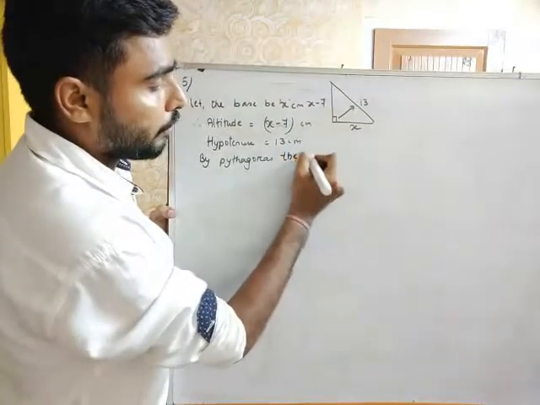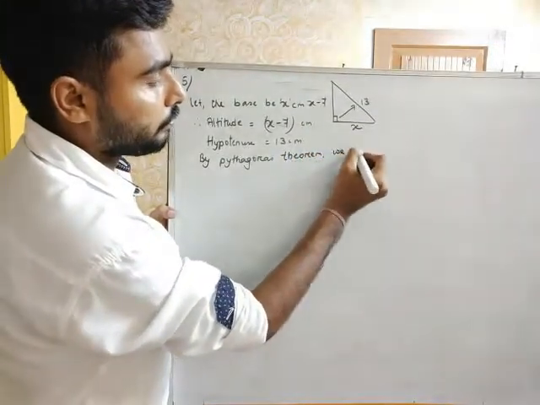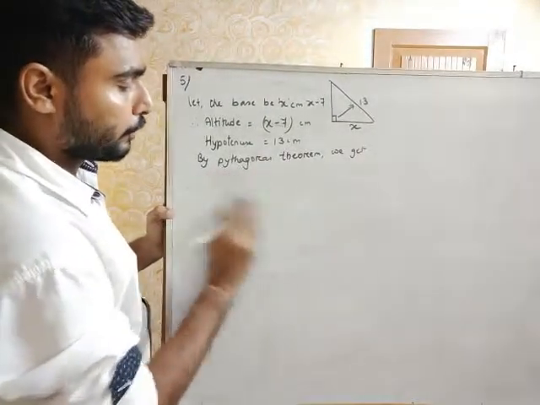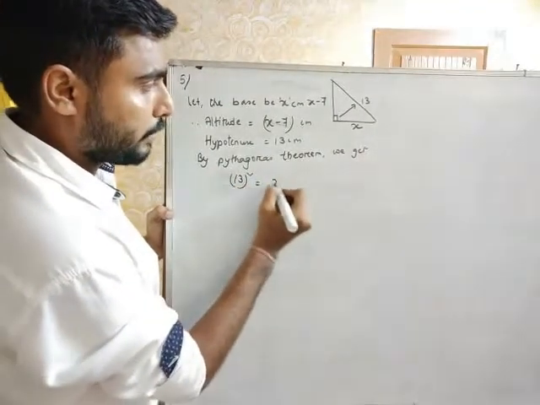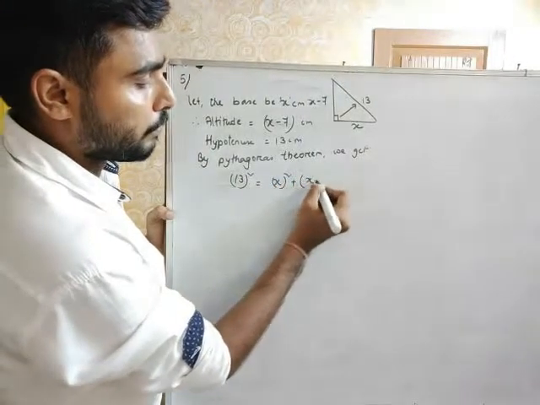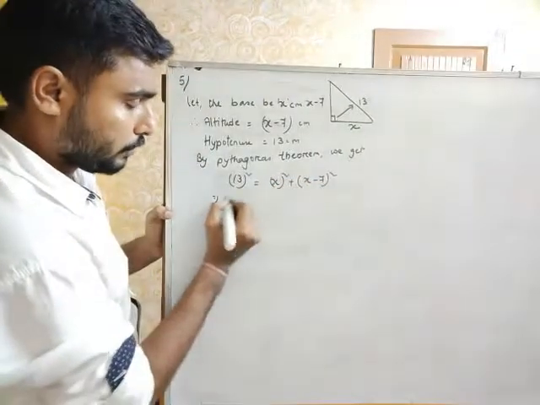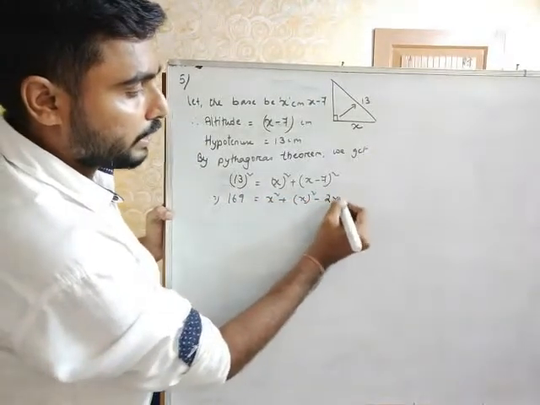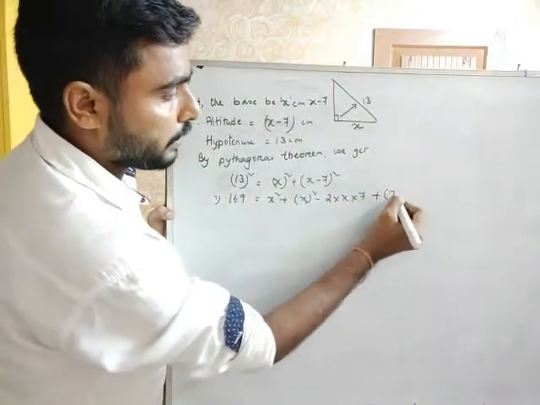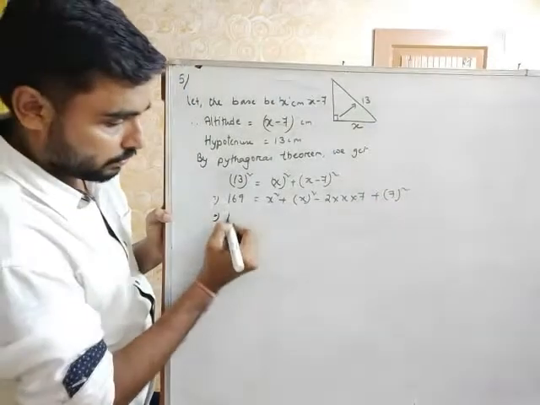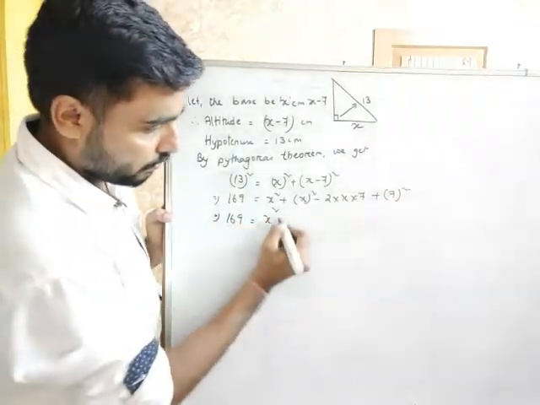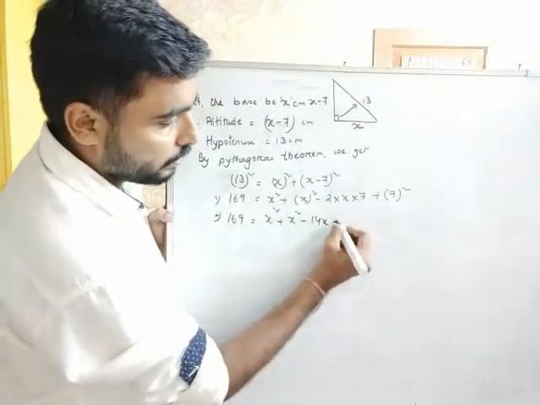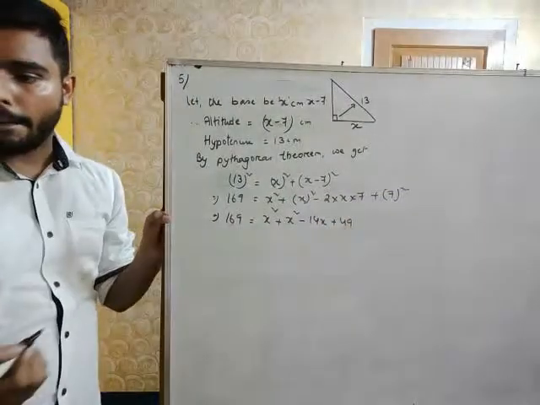So by Pythagoras theorem, we get 13 square, that is hypotenuse square, is equal to base square, that is x square, plus altitude square. So 13 square is 169, x square plus (a minus b) whole square, a square minus 2ab plus b square, 7 into 2 is 14x plus 49.